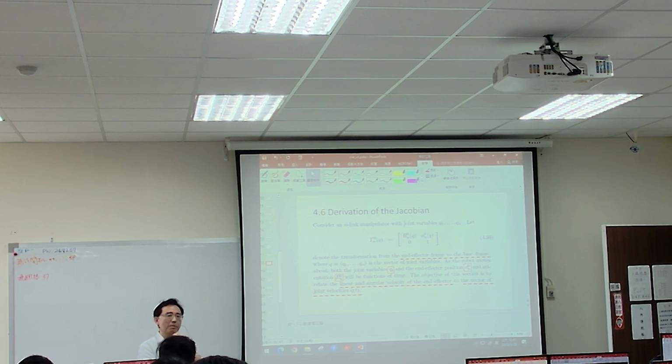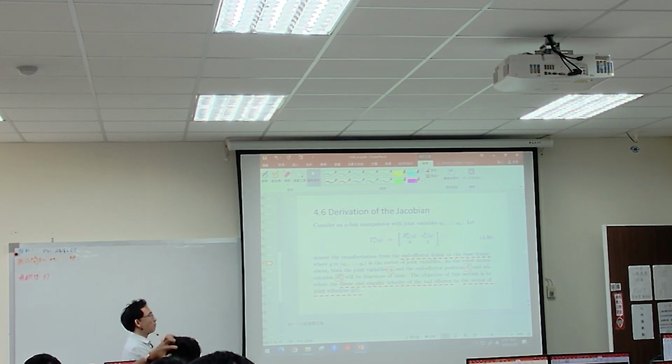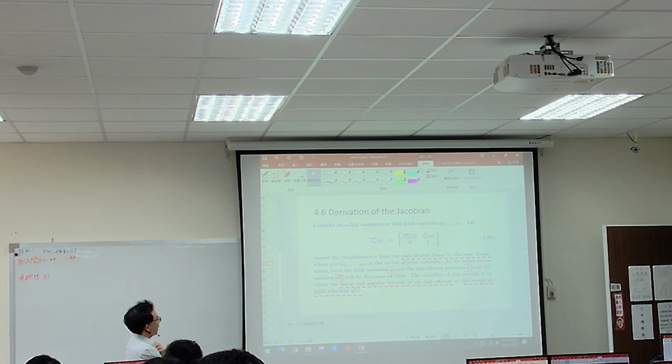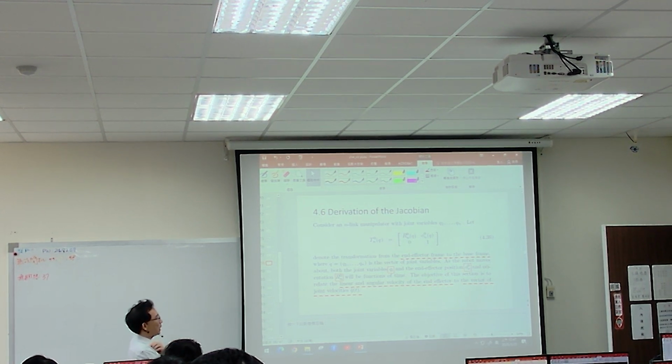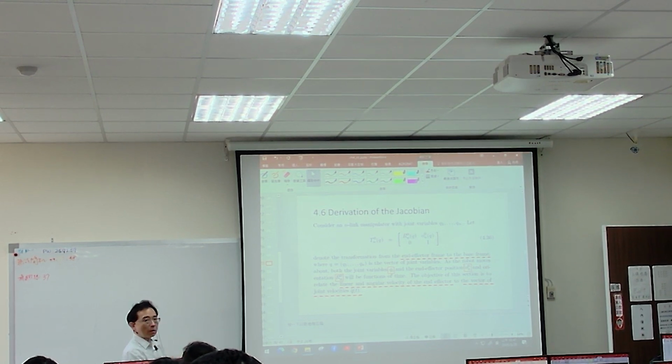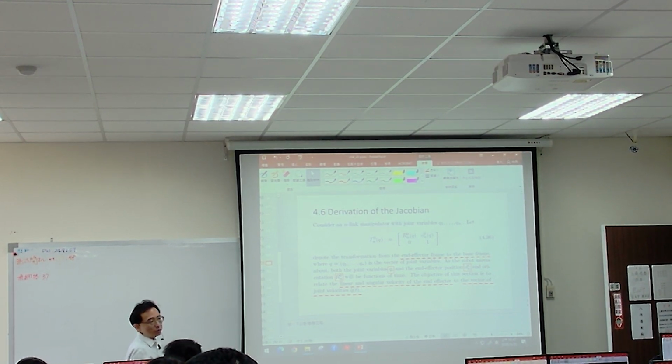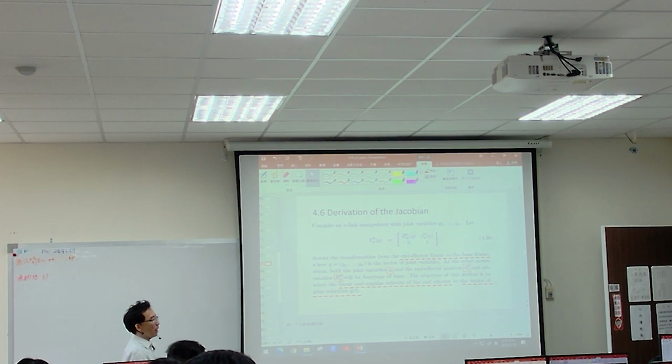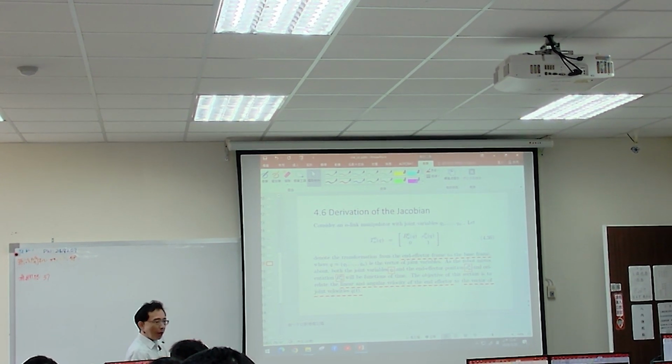For the derivation of the Jacobian, they always consider many links. So we don't consider 1 degree of freedom; it doesn't make any sense for this kind of complicated stuff. With many links, T is the whole summation together. So we have several joints, 2, 3, 6, and all multiply together, A1, A2 until A6.